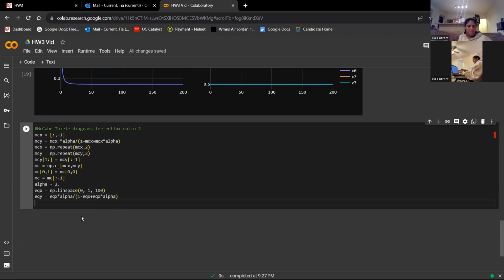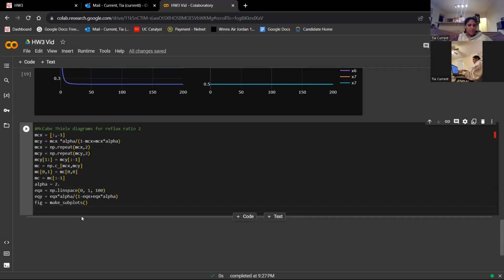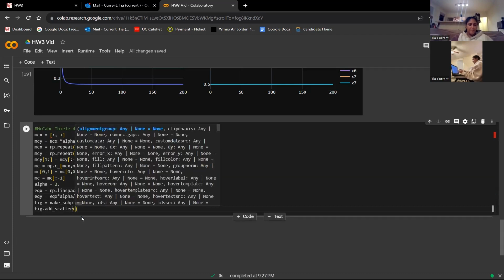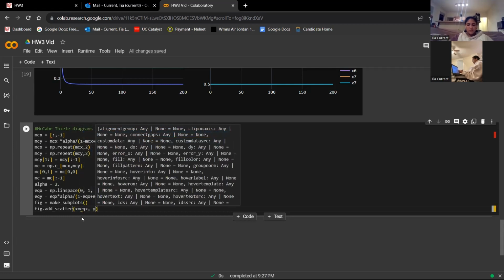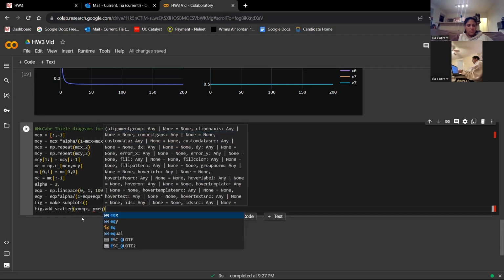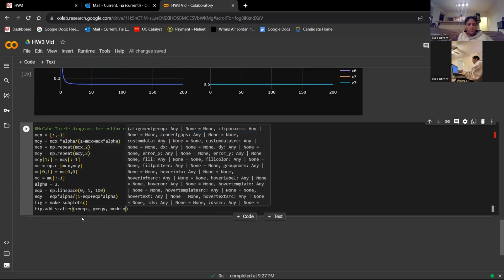Okay. Now fig make subplots. Fig EQ, EY. Oops. Y. Good.